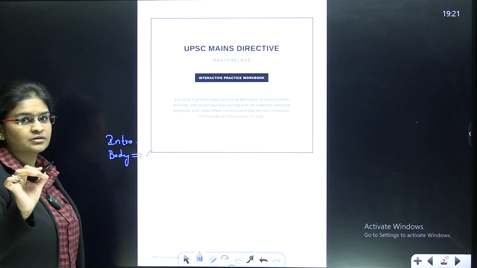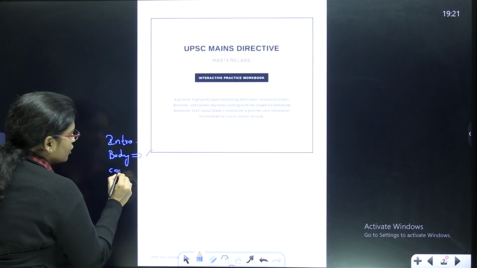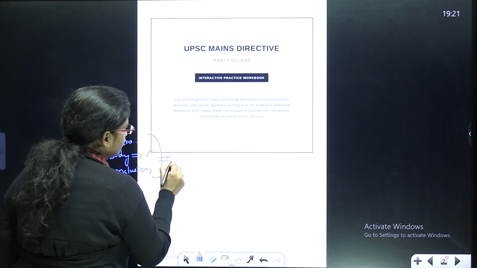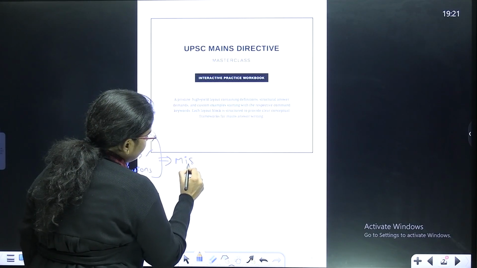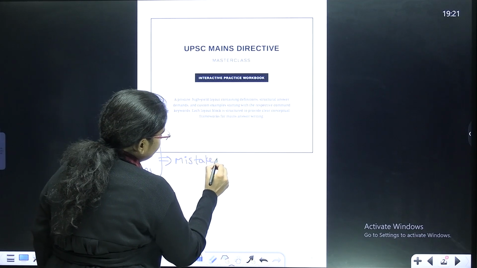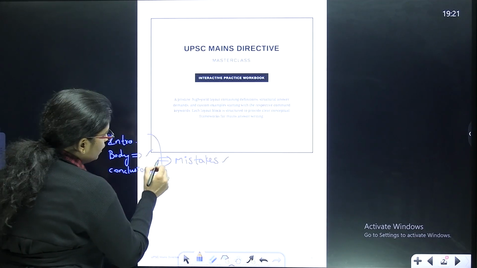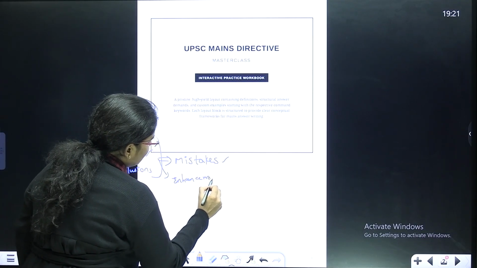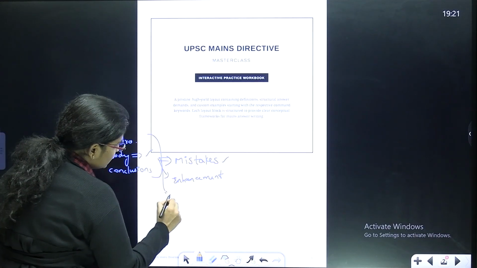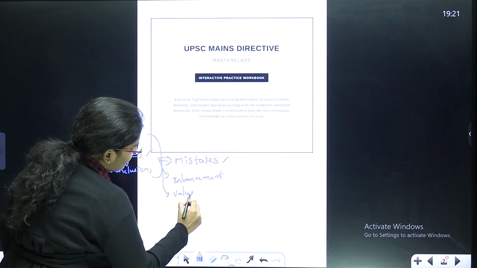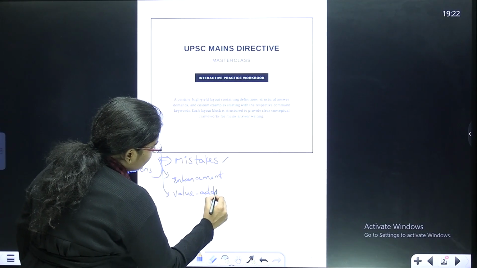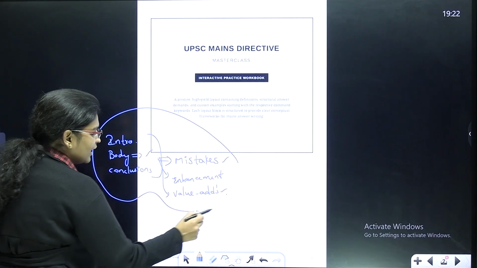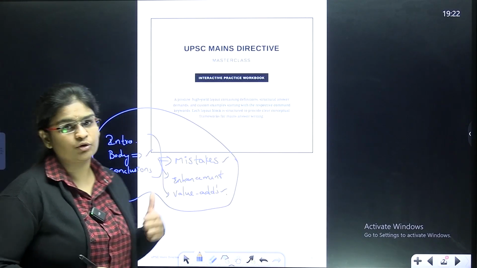We also saw various types of conclusions, the mistakes to avoid while writing a perfect answer, how to enhance an answer, and the various value additions that must be added in a particular answer. This is what we saw in session 1, the basics of answer writing.